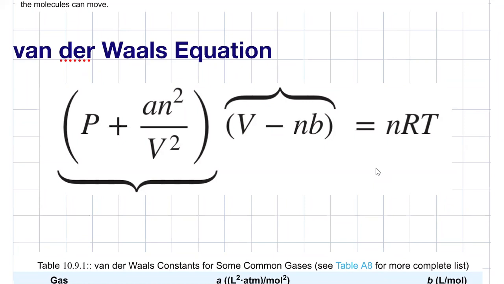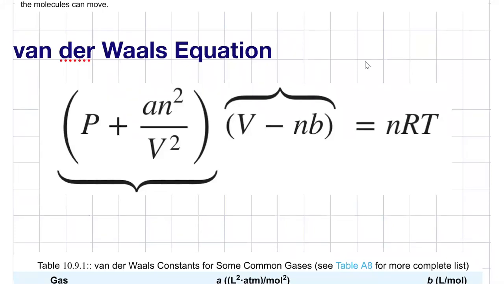It looks kind of ugly, this equation, but does it look a little familiar? It's got P and V on the left side and nRT on the right side, just a little more complicated on the left. So it's kind of like a bastardized version of the ideal gas law, isn't it?